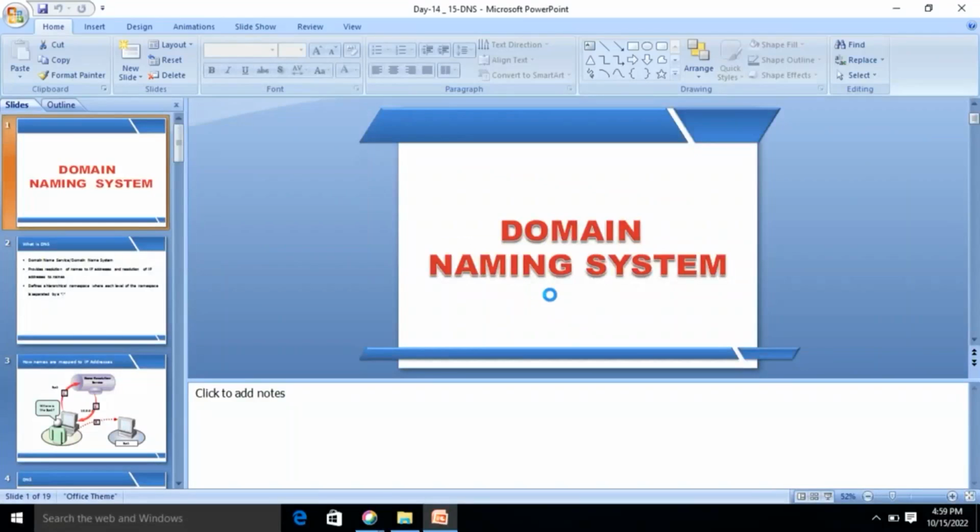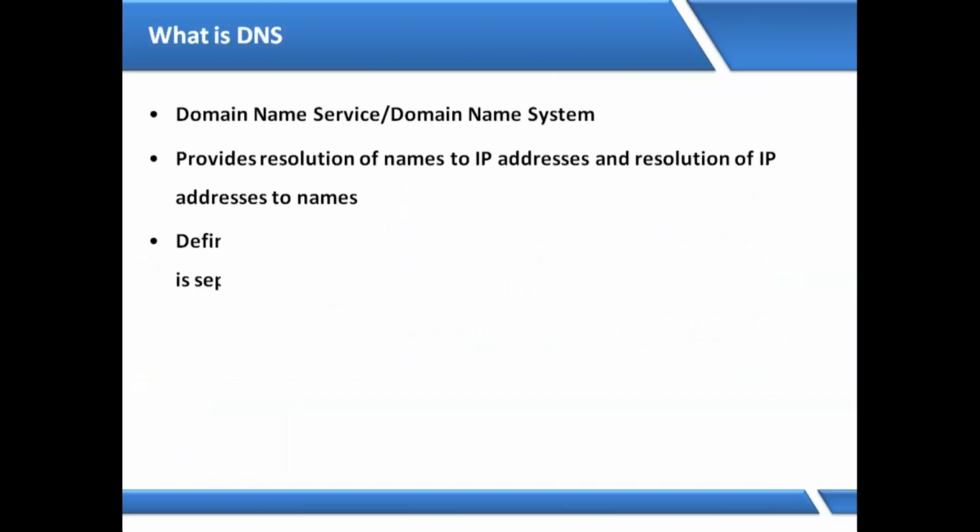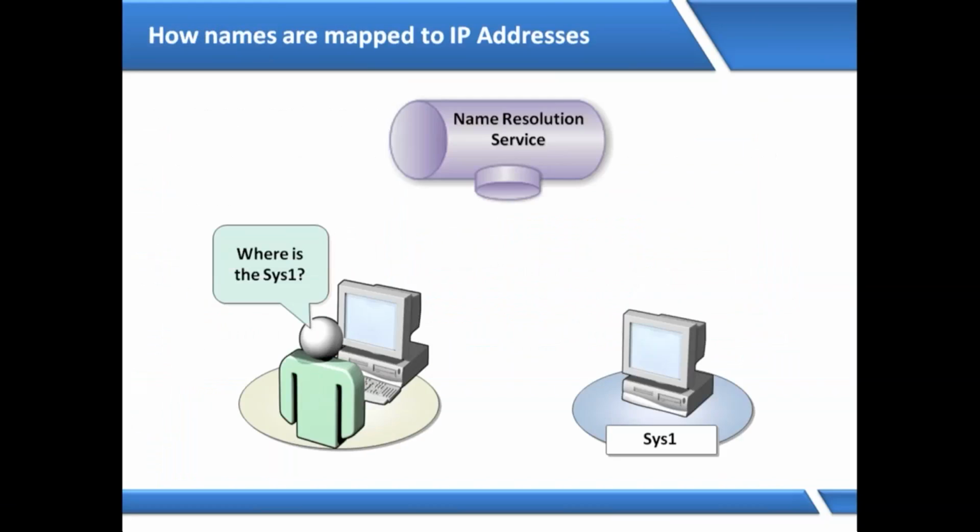Okay. So this is about your private network. So we have to configure here the DNS server for our private network. This is for our local area network, which you can call a private network also.